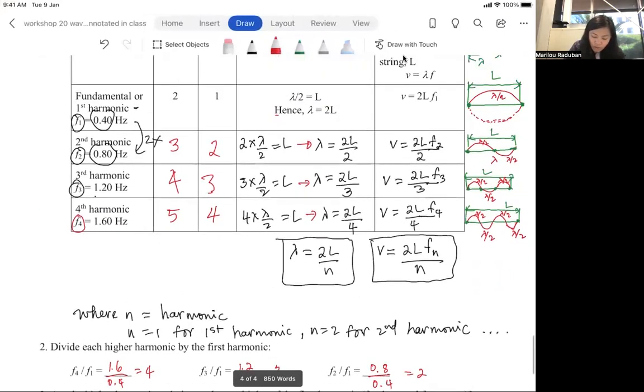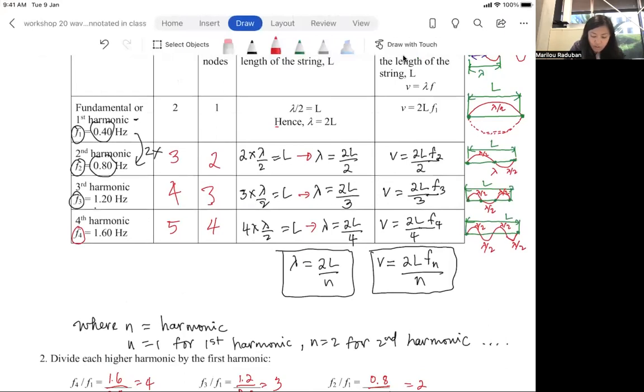So going from the first harmonic to the second harmonic, you doubled the frequency. Going from first harmonic to third harmonic, you tripled the frequency. Going from first harmonic to fourth harmonic, it's 4 times the fundamental.